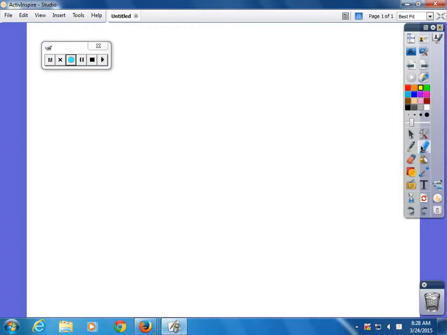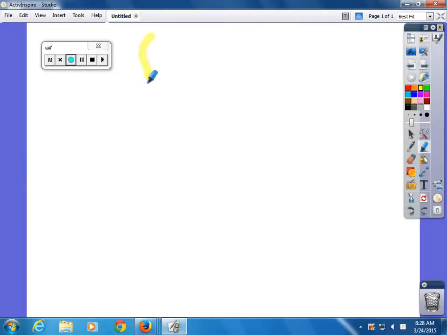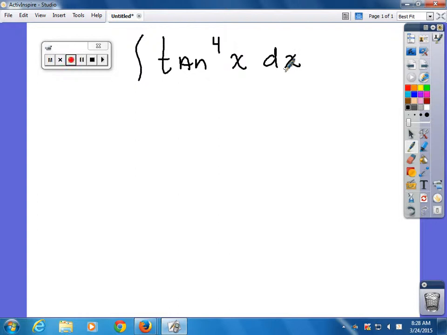Let's try the antiderivative of tangent to the fourth of x. Go ahead and break it up, because you know you're not going to be able to do anything with tangent to the fourth.